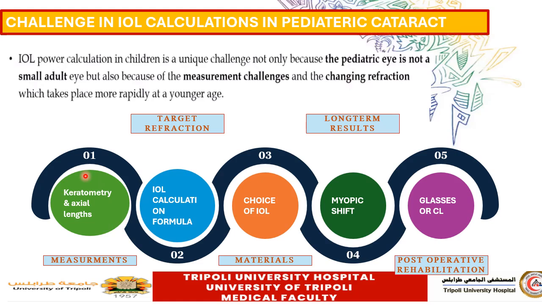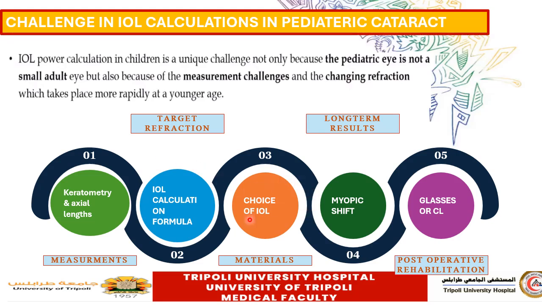You also have a challenge regarding the ideal IOL calculation formula and the target refraction required based on the age of the patient. For each age, you need a target refraction. In such cases, we are not aiming for emmetropia. However, we are aiming for hypermetropia based on the age of presentation or surgery of the patient.